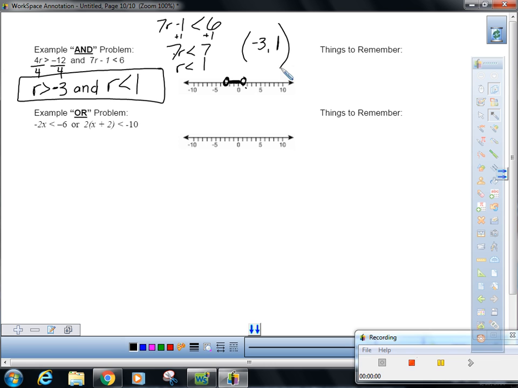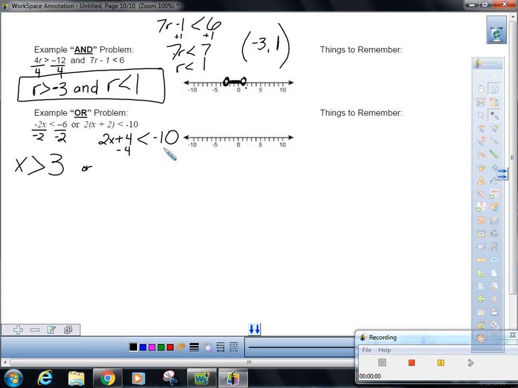Okay, so these are going to be a little harder to solve here. Divide each side by negative 2. You got x. I divided by a negative, so I've got to switch my sign. X is greater than 3, or, all right, let's see, 2x plus 4 is less than a negative 10.